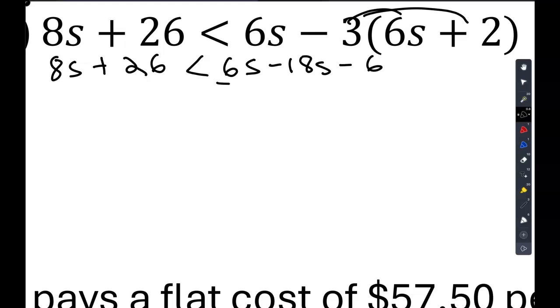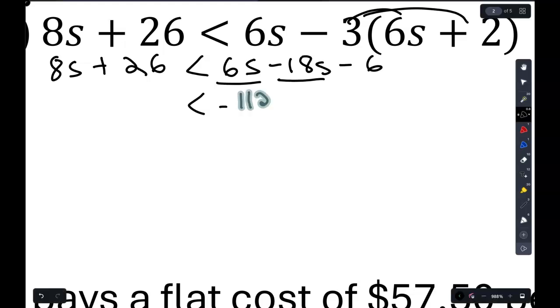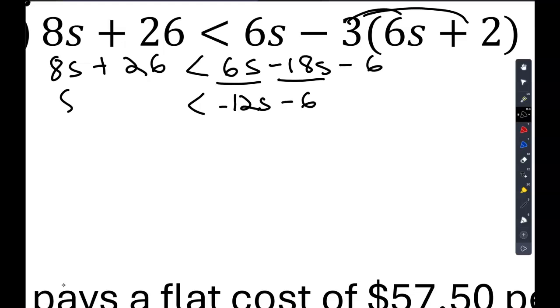All right, we're going to add these like terms here, -18 and +6, and everything else is going to stay the same. So this is going to get you -12s minus 6, and everything else is going to stay the same, 8s plus 26.